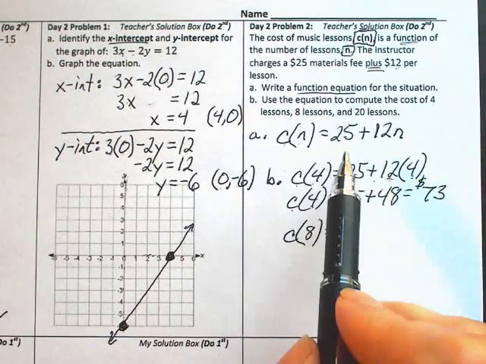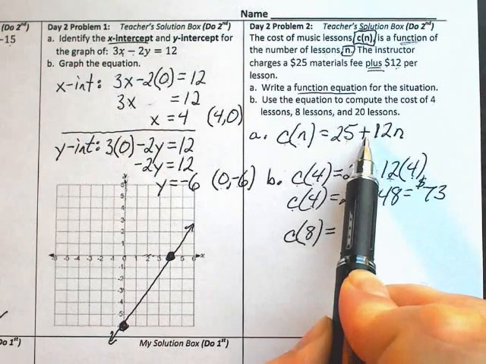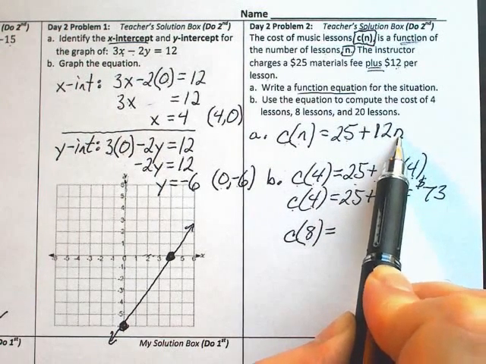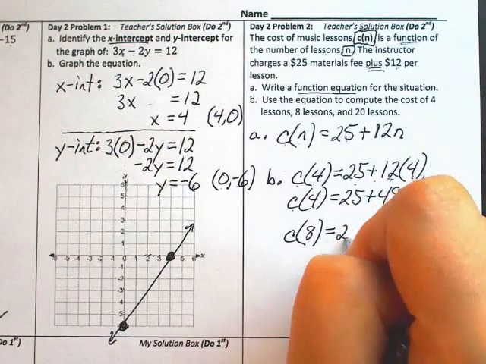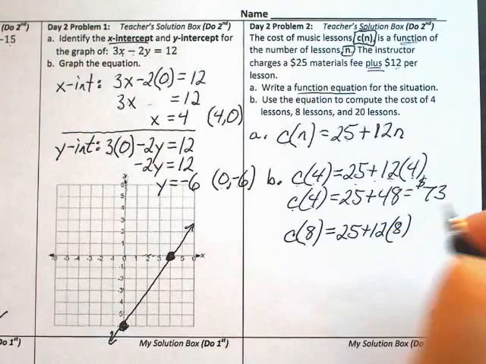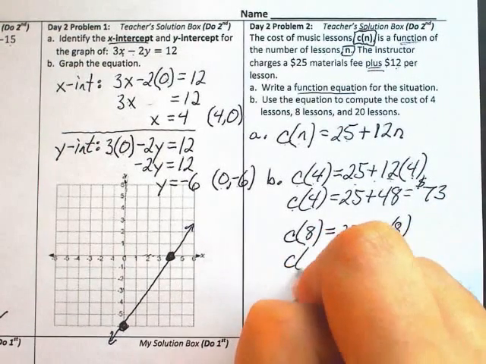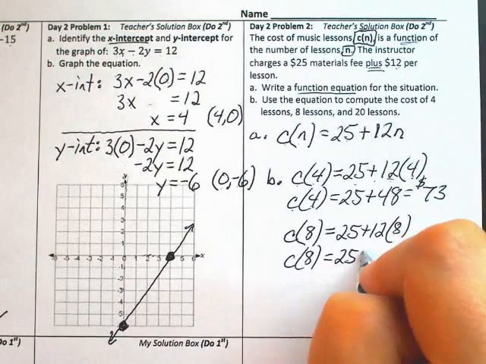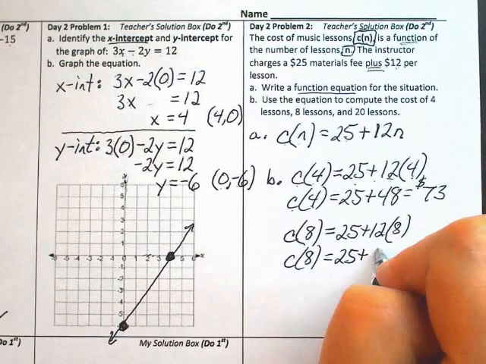Okay, and that is equal to 25 plus 12, and then again for n, remember we're filling in the number 8. So 25 plus 12 times 8. Okay. So C of 8 is equal to 25 plus 12 times 8 is 96.